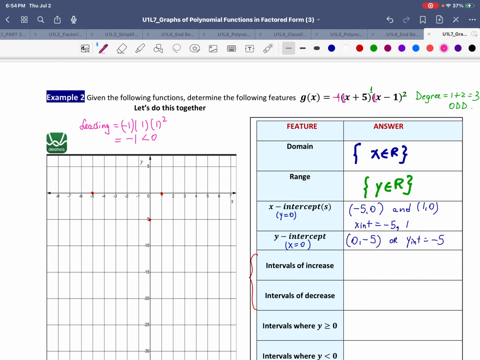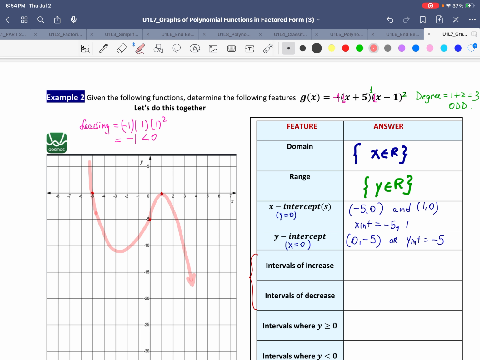So at this point, I would say that we are somewhat ready to sketch the graph. This is not an accurate graph. We're going to cross the x-axis at -5 because it's a first order root, and then we are going to come back here at the y-intercept, get ready to touch the x-axis again, but at x equals 1 it's a second order root, so that means we are going to try to make a turn in here.